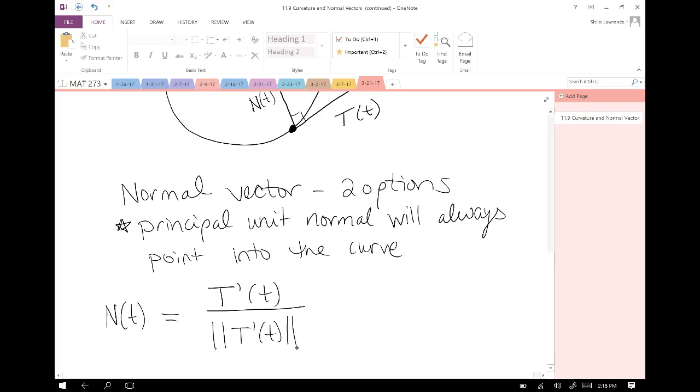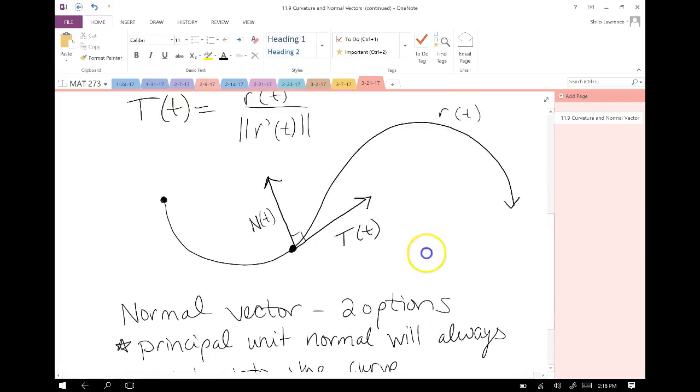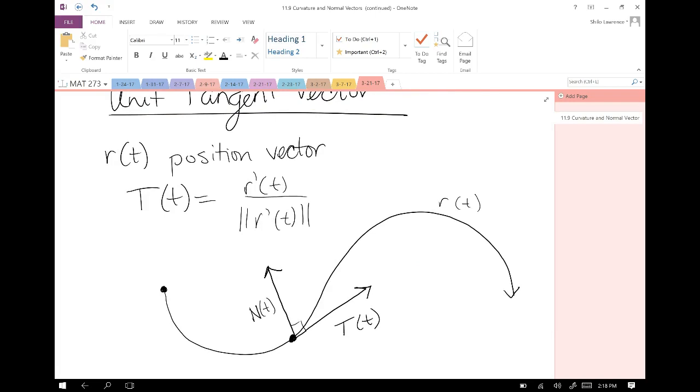That's exactly how we went from r of t to T of t. If you look back up here, to go from r of t to T of t, we did r prime over magnitude of r prime.